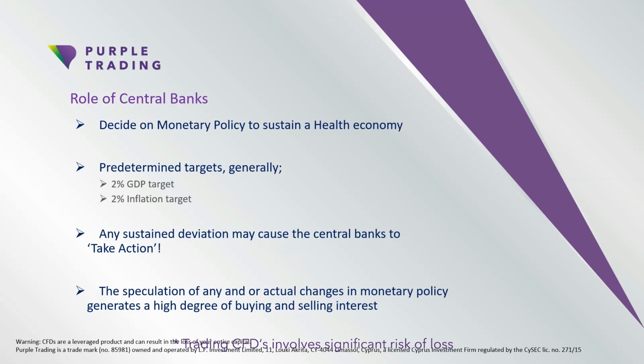So any sustained deviation from their targets, which are predetermined, is good for the trader. So we already know this at hand, and we can make trading decisions based on these economic reports. So any movement away from this, or ongoing movement away from their predetermined targets, could lead the banks to take action.